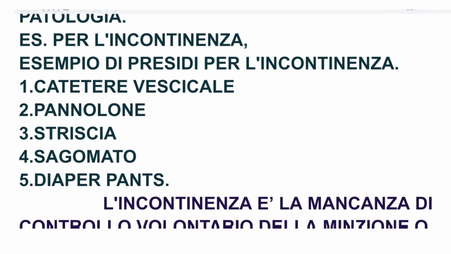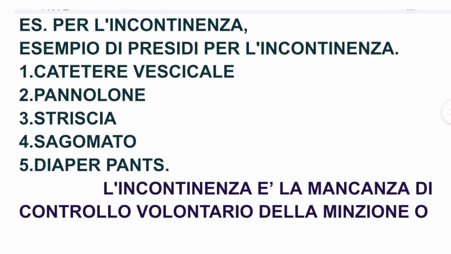Those devices such as the insulin pumps, the syringe, the finger pricks, and the test strips, and also for monitoring and testing the blood sugars, they are all presidio. So as I'm saying, the presidio are substances, tools, devices, products that are used to prevent or that are used to control certain pathologies.